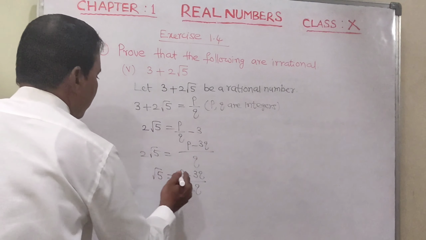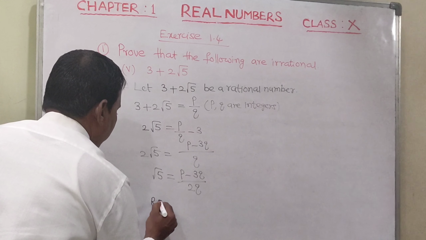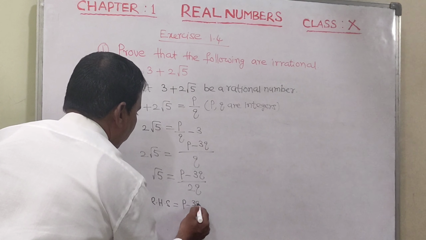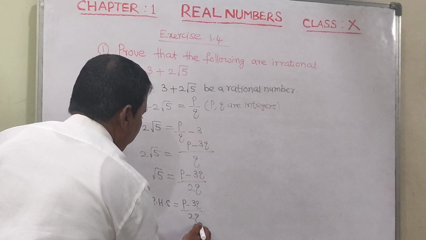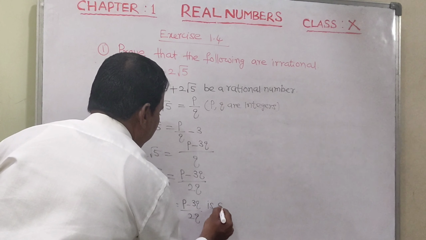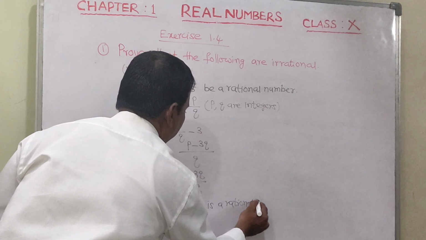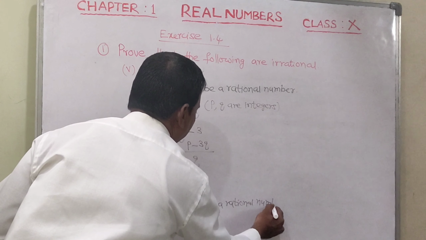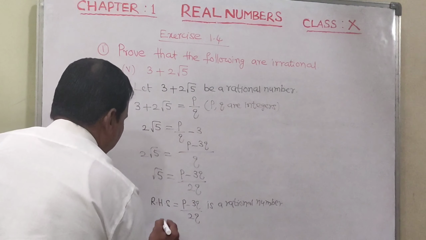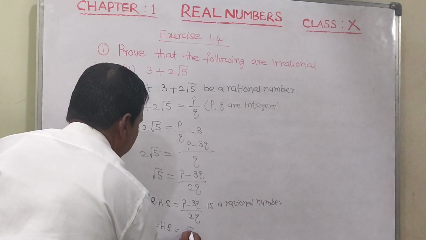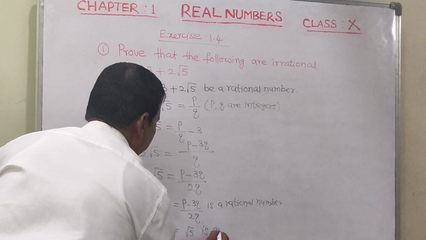If you see the RHS part, (p minus 3q) by 2q, which is in the form of p by q, represents a rational number. On the LHS part, root 5 is there, which represents an irrational number.